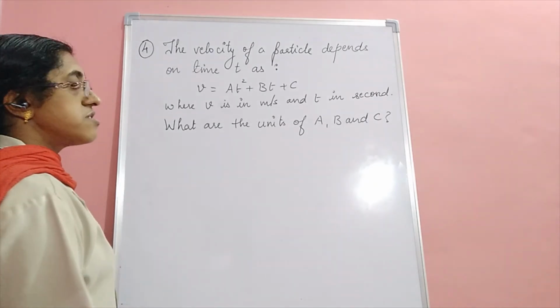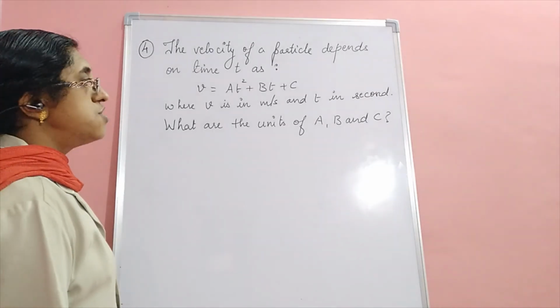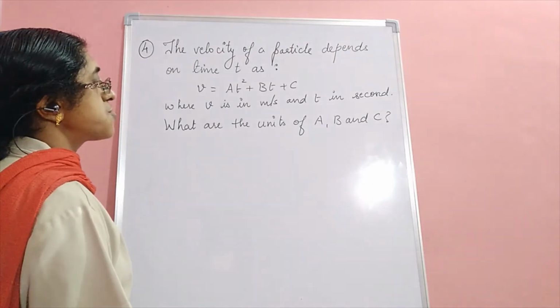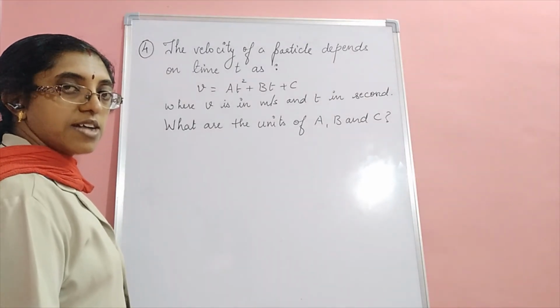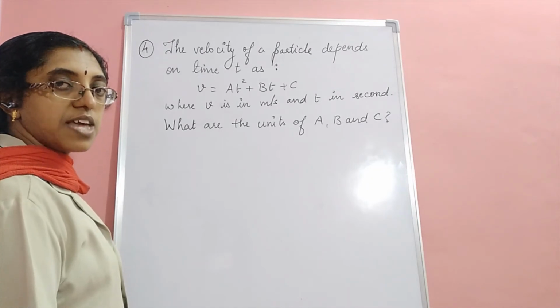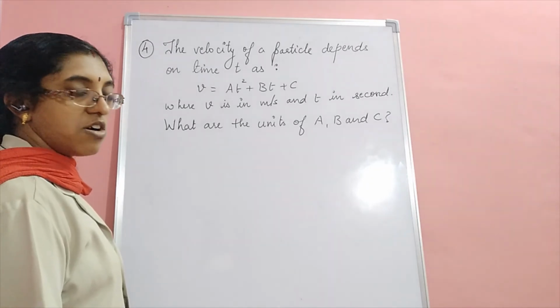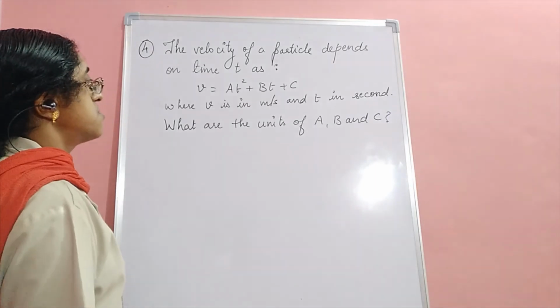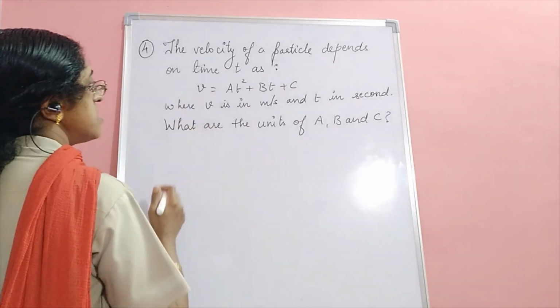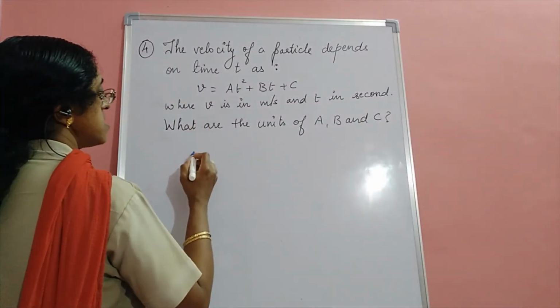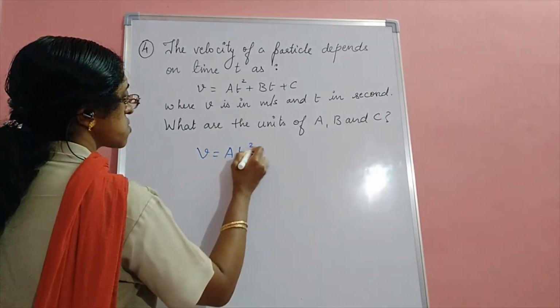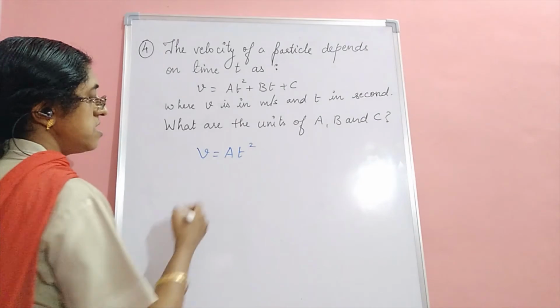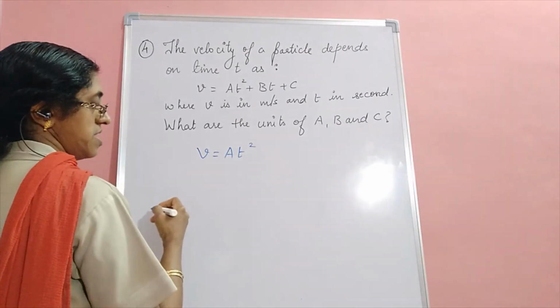So each term on the right hand side should be equated to the term on the left hand side, as only same terms can be equated or added or subtracted, right? So if v is a velocity, that means v should be equal to a t square, right? So I'll take up the terms individually.